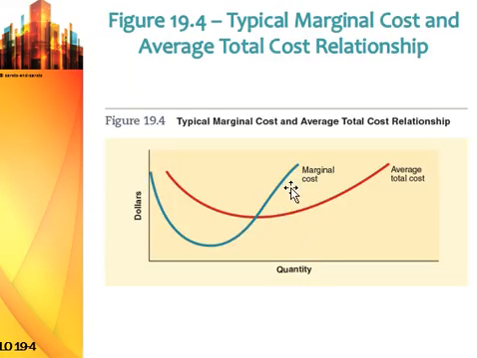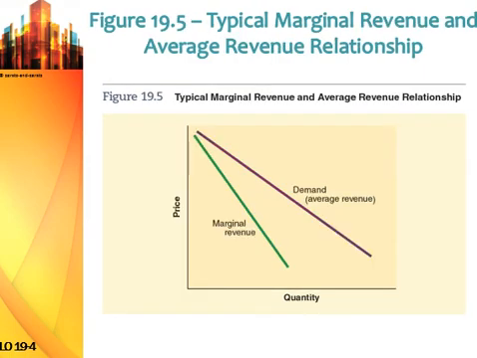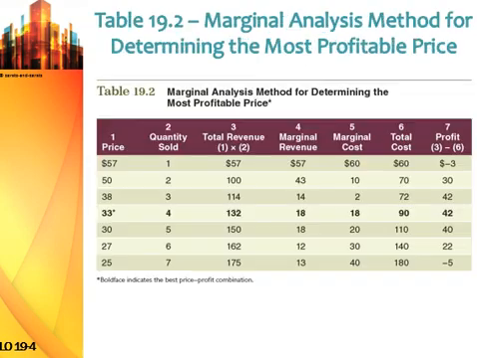The marginal cost and average total cost curves look approximately like in this graph. And this graph represents typical marginal revenue and average revenue relationships. Now let's use the marginal analysis method for determining the most profitable price.